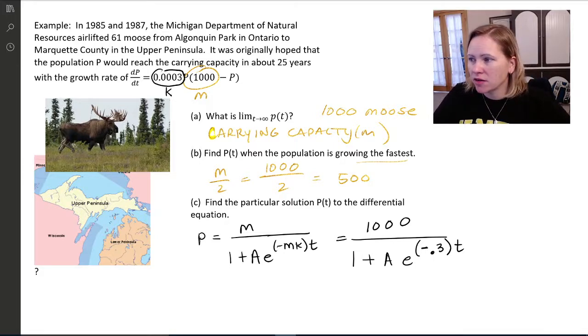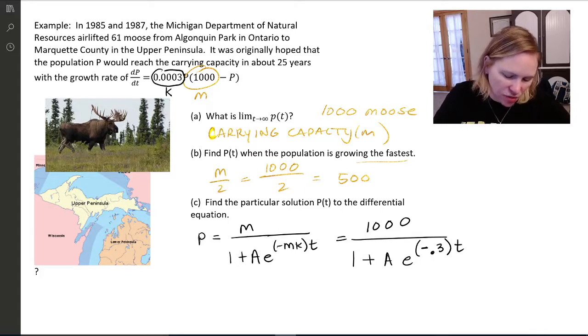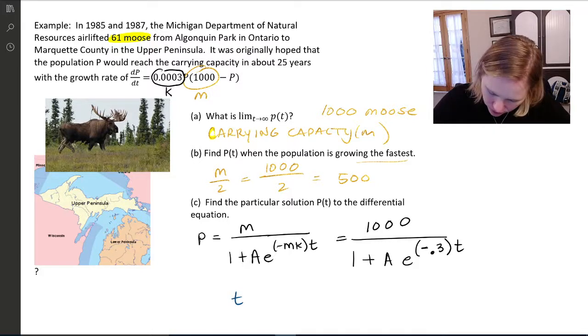I'm making some progress. So how do I find A? Well, in order to find A, I'm going to need to know some sort of initial condition, okay? So to find that initial condition, I'm going to go back to the problem and read through it. It said here that when T is 0, they began with 61 moose. That's my initial condition. So the very first year when T was 0, P was 61.